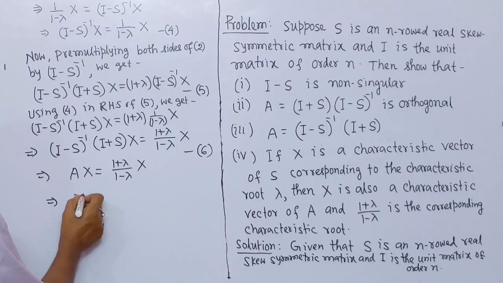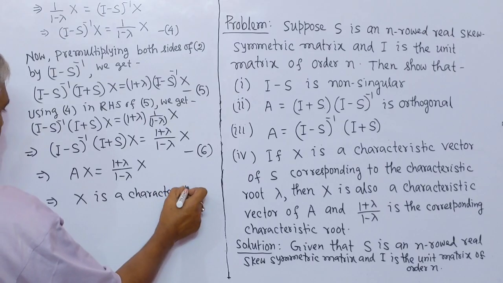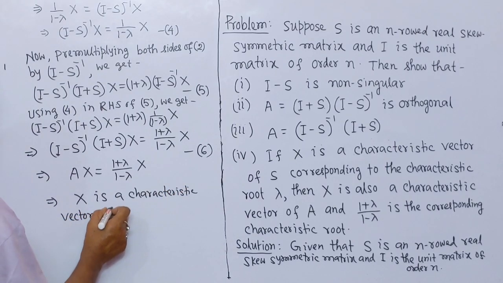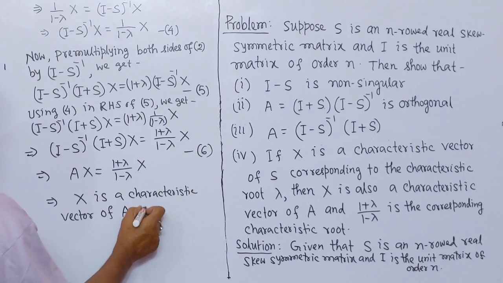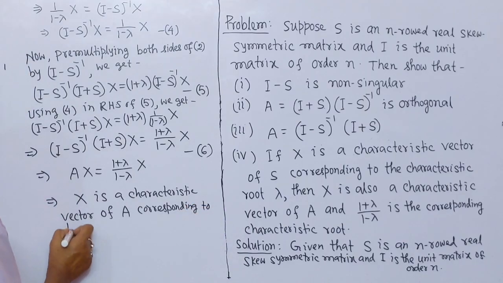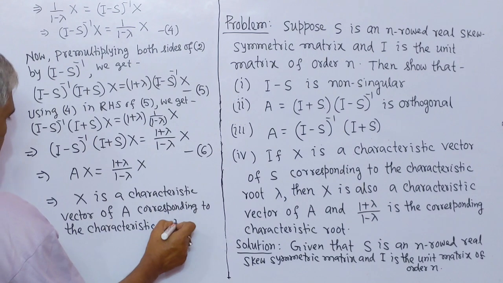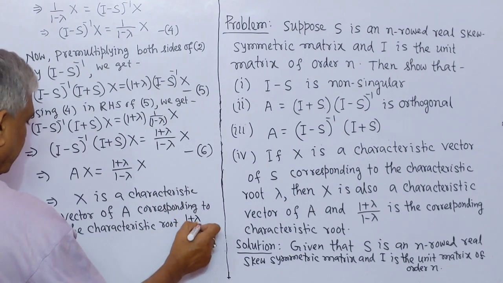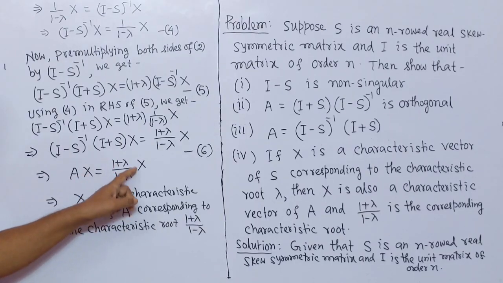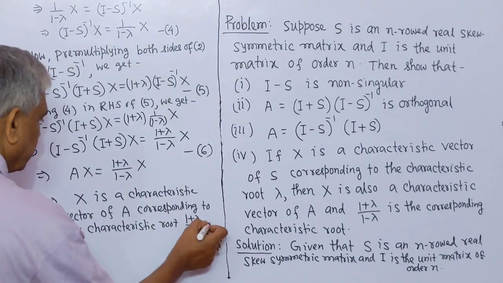It implies that x is a characteristic vector of matrix A corresponding to the characteristic root (1 plus lambda) by (1 minus lambda). Here this is the characteristic root and x is the characteristic vector. Proved.